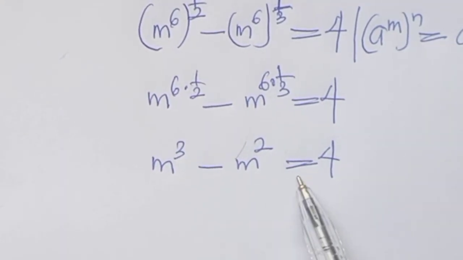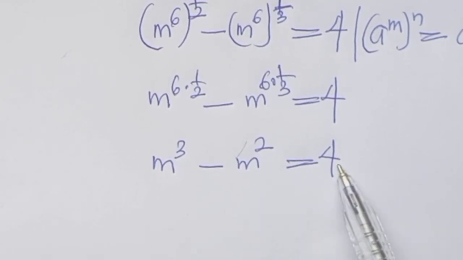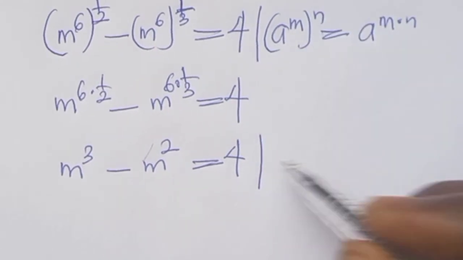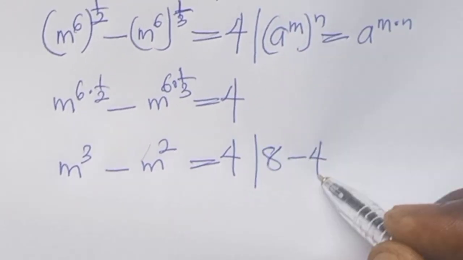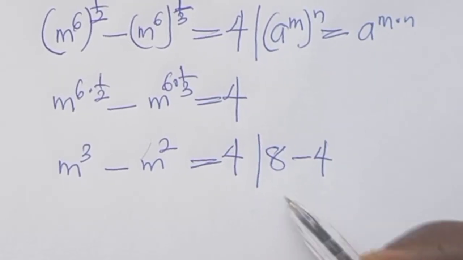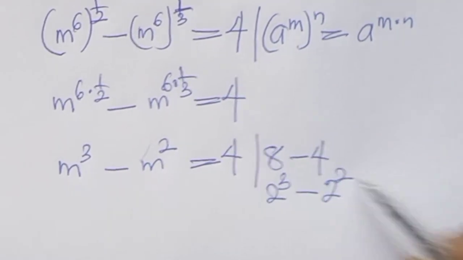So in the next line, we're going to derive the corresponding power of 2 and 3 from 4. So if we write 8 minus 4, 8 minus 4 is equals to 4. And 8 can be written as 2 to the power of 3, and 4 is 2 to the power of 2.